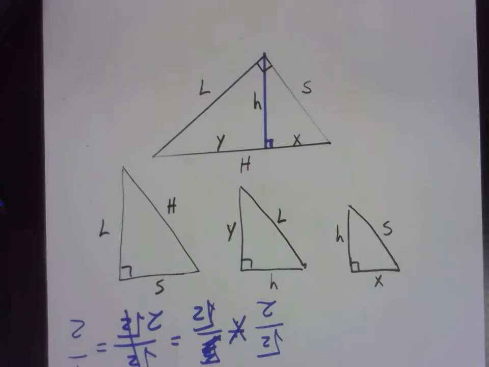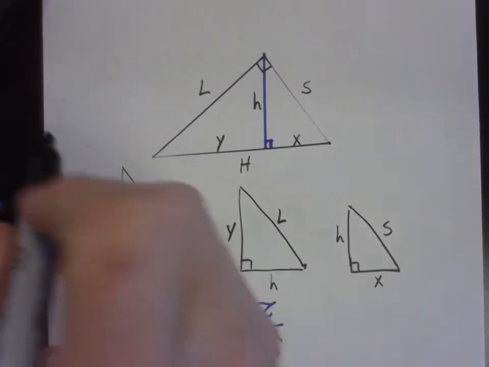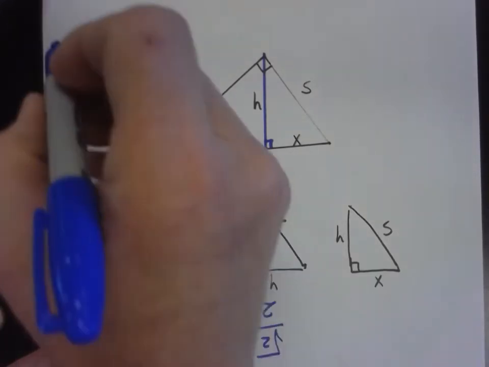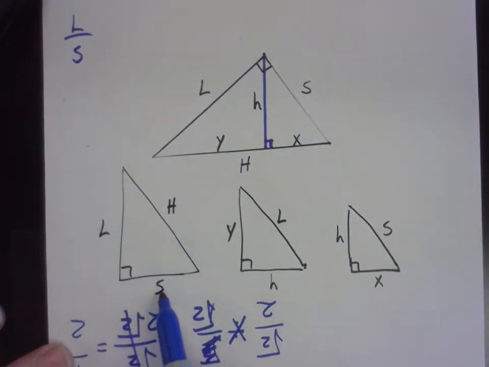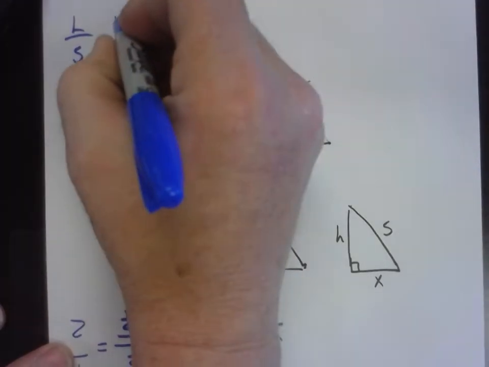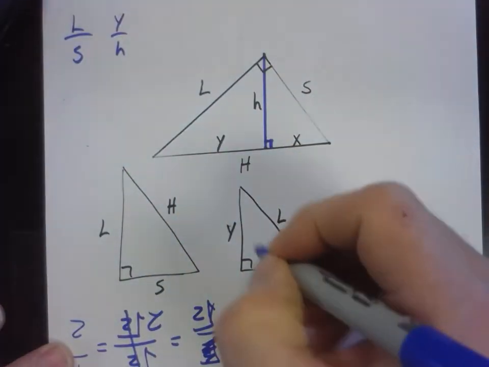So, why does any of that matter? Here. What does L over S equal? It equals L over little h.